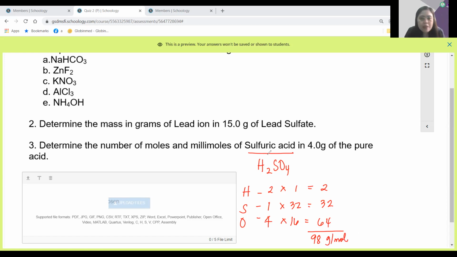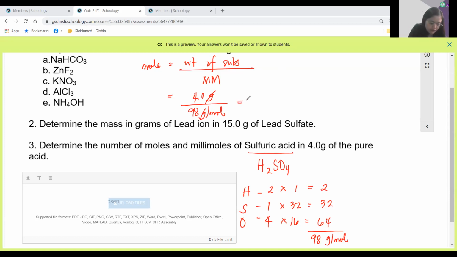98 grams per mole. Now, what is our formula? Mole is equal to weight of the substance divided by the molar mass. So the weight of the substance that is given is 4.0 grams. You divide this sa kanyang molar mass, that's 98 grams per mole. So you cancel the unit, you will be left with mole, class.